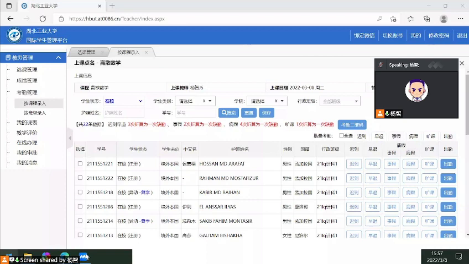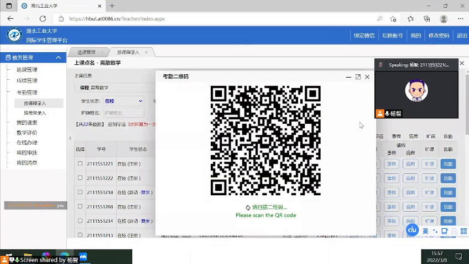Can you see my screen? Yes. Okay, I show you the QR code. Use your phone to scan the QR code. It only works for 2 minutes, so everybody hurry up.